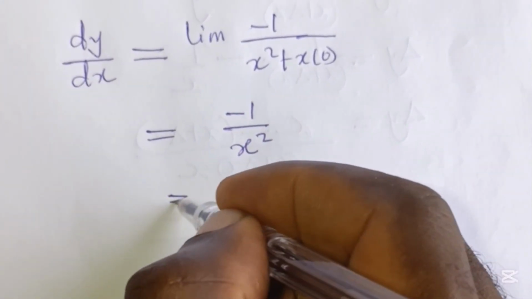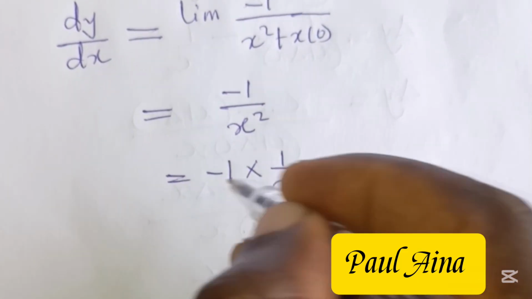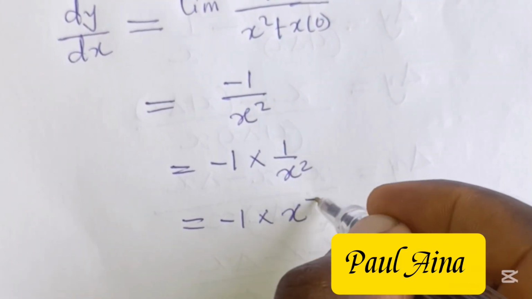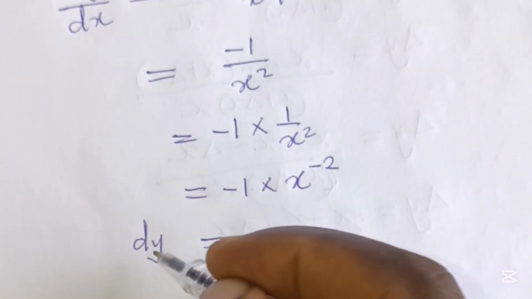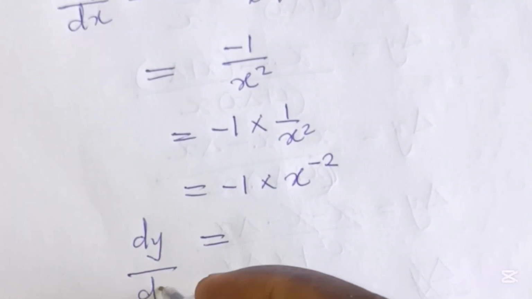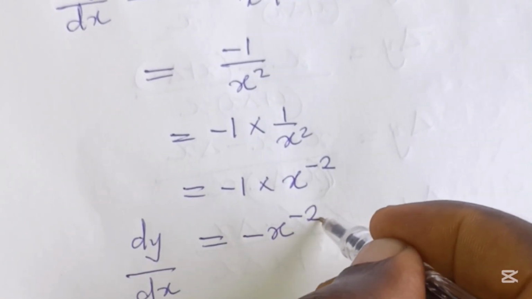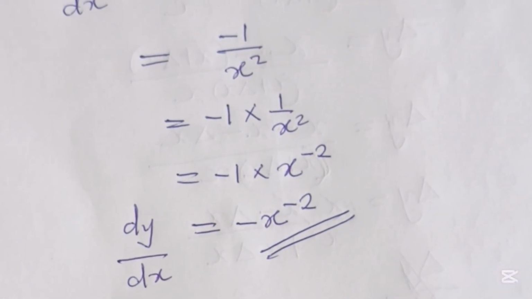If you want to remove the fraction, we can as well say minus 1 times 1 over x square. And according to the law of indices, 1 over x square is equal to x raised to the power minus 2, which means our dy dx is equal to minus 1 times x raised to the power minus 2, which is minus x raised to the power minus 2.